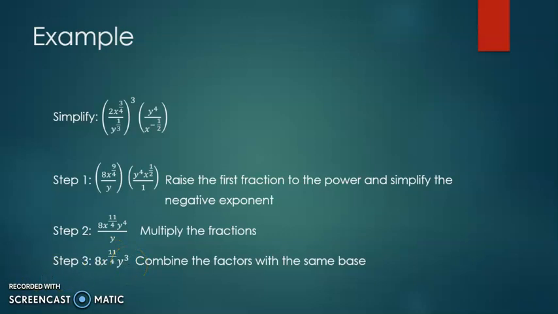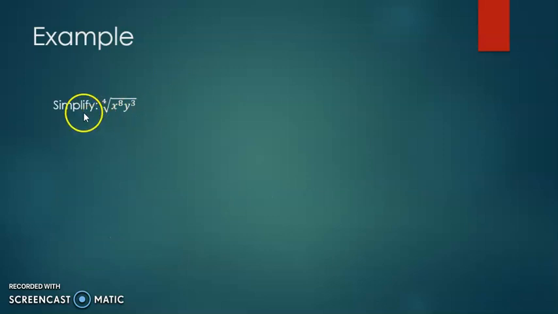Now I have one more example. In this one we have a radical symbol in there raised to a different index than we're used to. So I'm asked to simplify the 4th root of x to the 8th, y to the 3rd. The way I like to do this is I like to change my radical into a power. So I'm going to make it a 1/4 power on this group of x to the 8th times y to the 3rd.